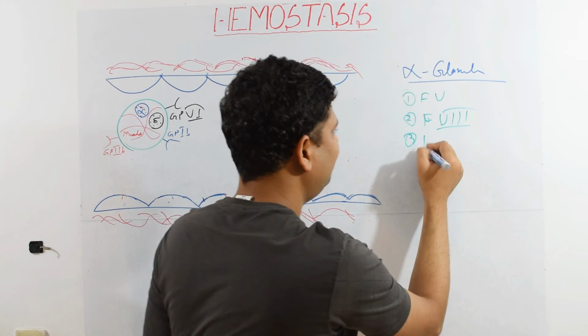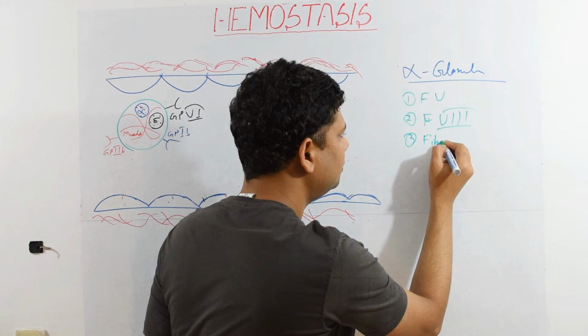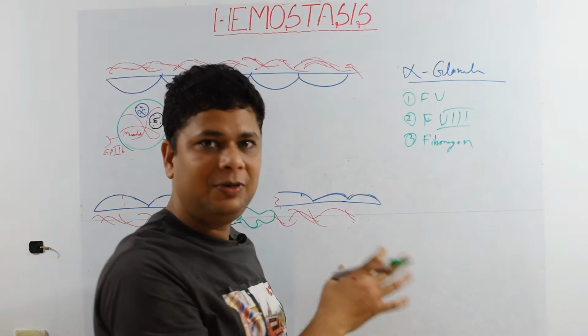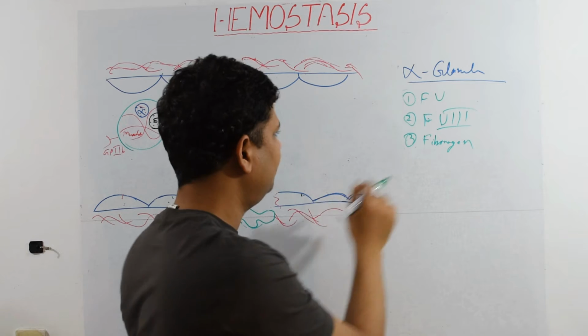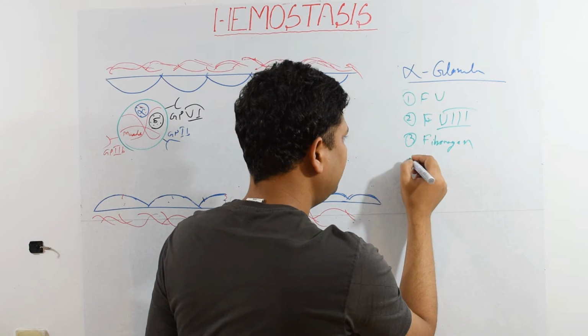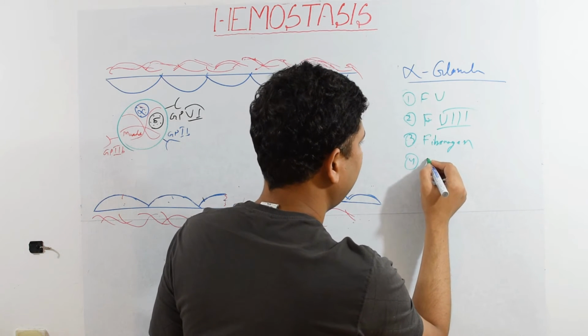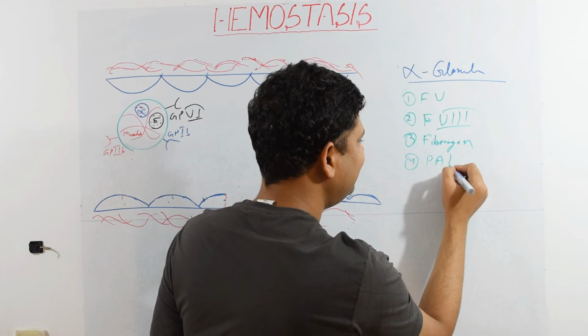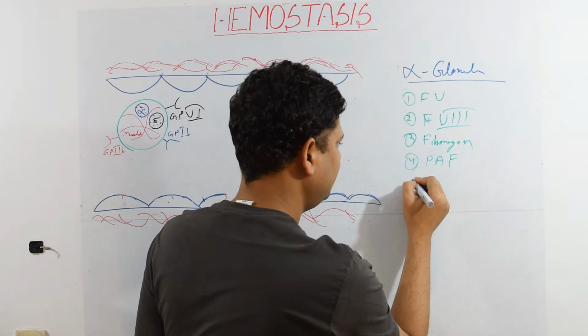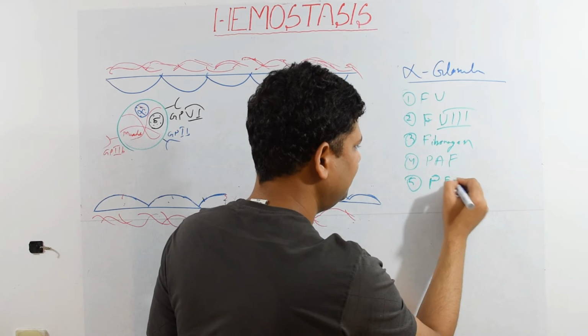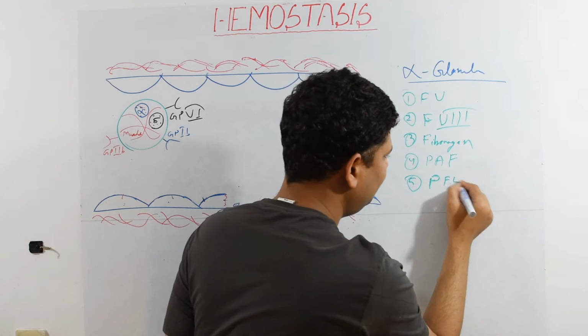Third, fibrinogen is also present in platelet. Fourth, platelet activating factors. Fifth, PF4, platelet factor 4.